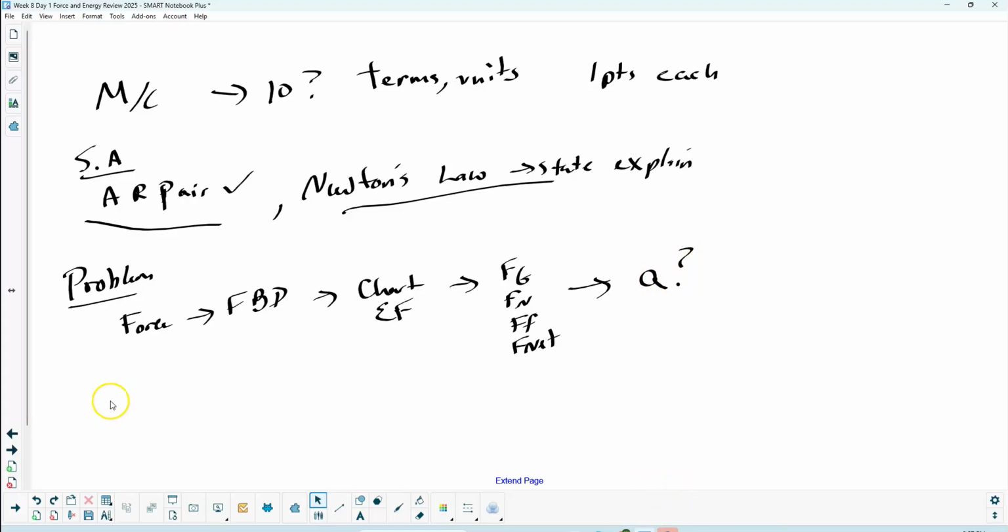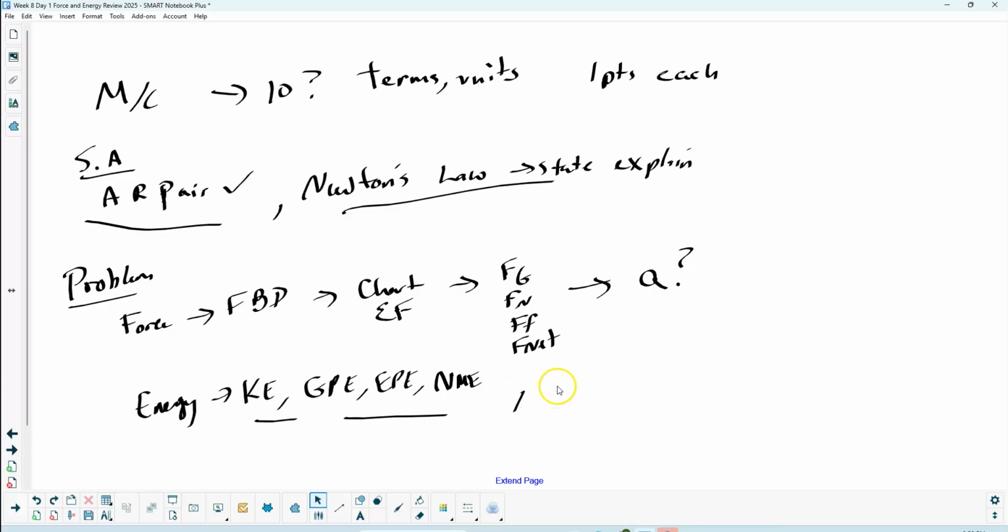The second problem is like an energy conservation one. So energy, so kinetic, potential, either of the potentials, non-mechanical, and doing some calculations for these, and also qualitative ideas like what's happening to the energy.